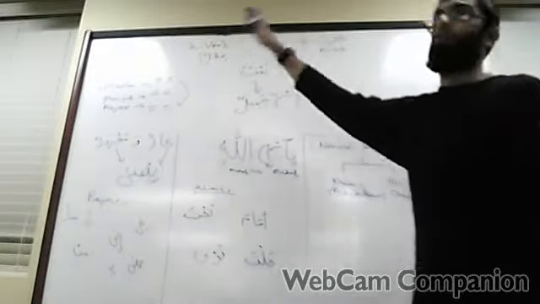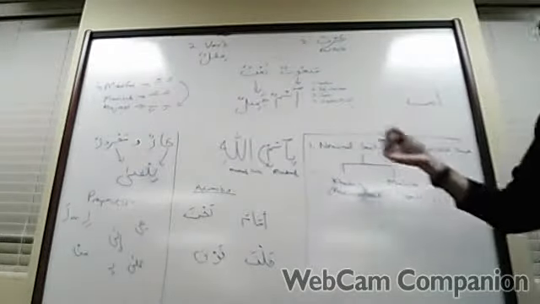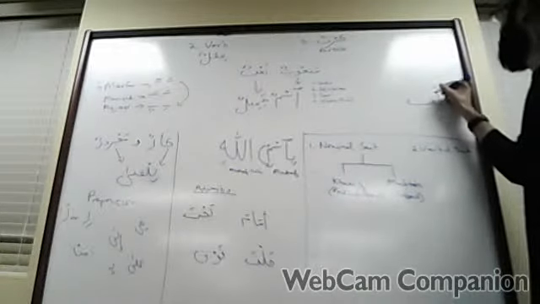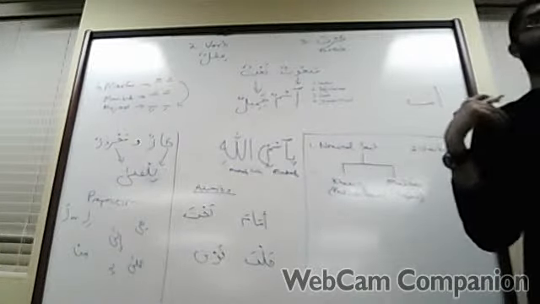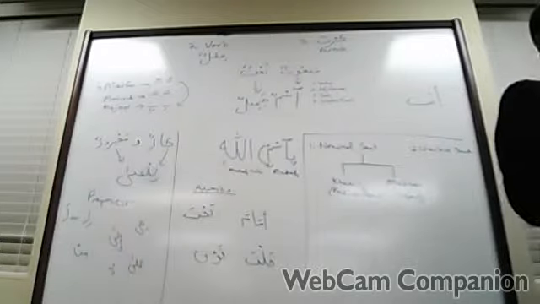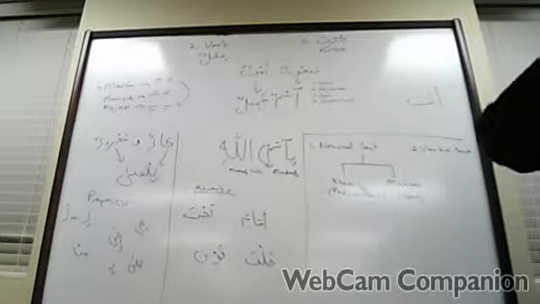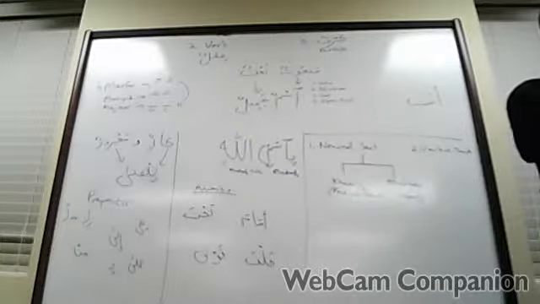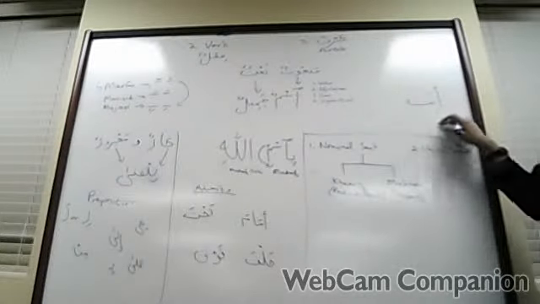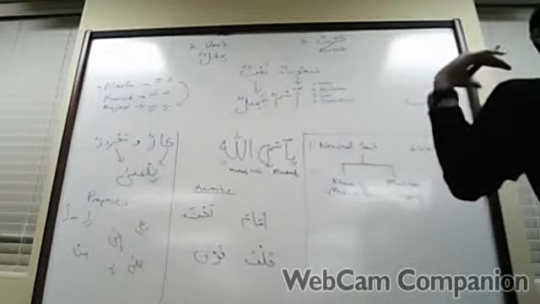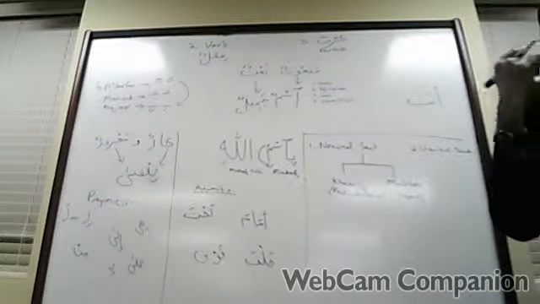we did pronouns, right? So pronouns are under what category? Nouns, harfs, or particles, or nouns? They're nouns, right? They're just replacements for nouns. So something like anti means you, as a female. If I'm referring to you, the sister, I'm going to say anti. Okay? What's antuma?